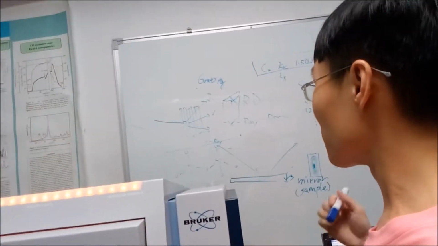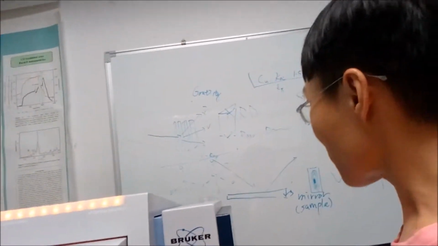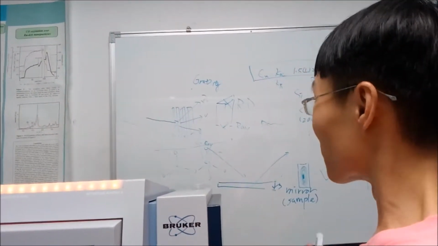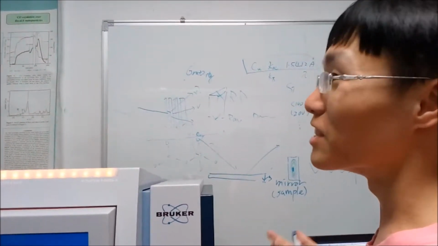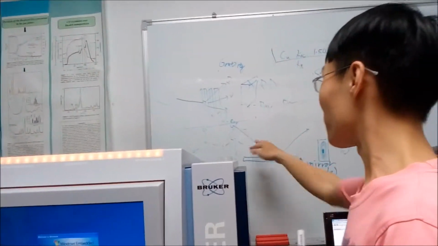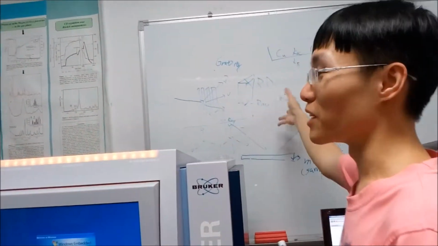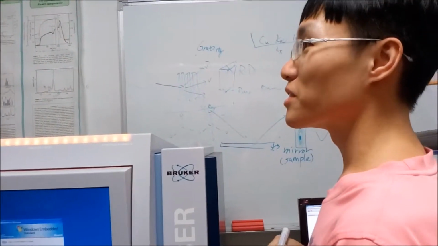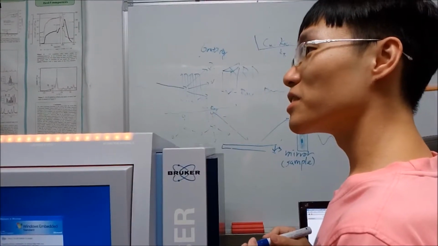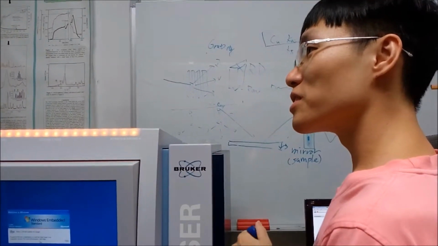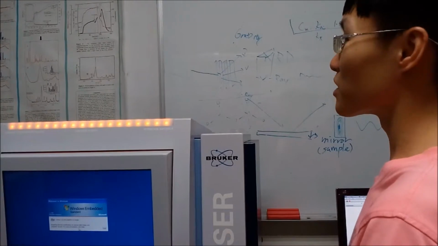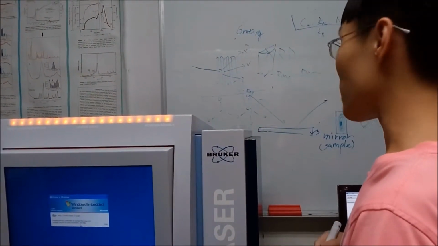So you ask me what the structure is. You need to draw it on the computer. It's easier to see. It's hard to explain on this board because it is a 3D structure. So among the Bravais lattices, which one do you think it is?